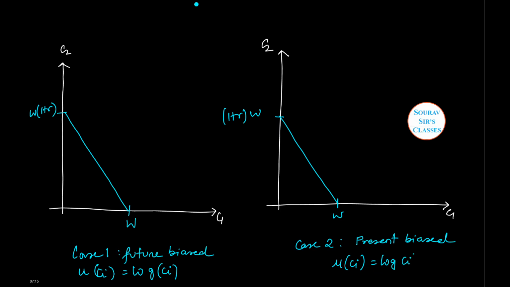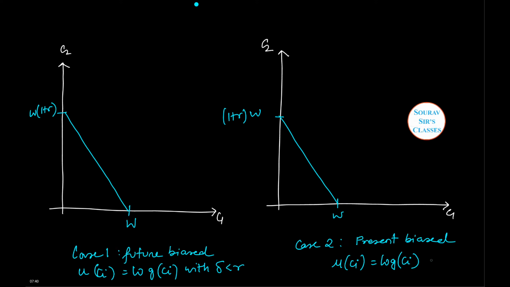Now, you will give more preference to future consumption if and only if the interest rate is high. This will happen when the discounting factor is less and the interest rate is high, then the valuation of future consumption is more.